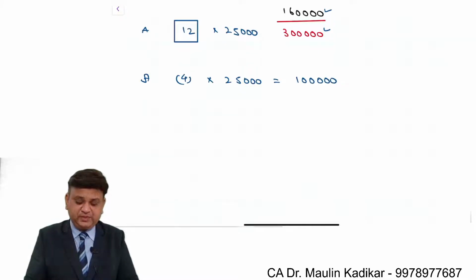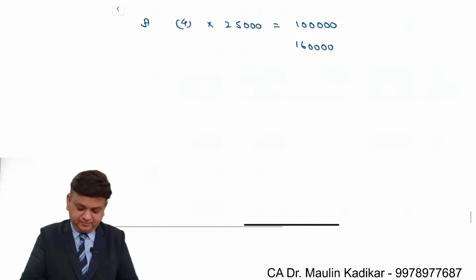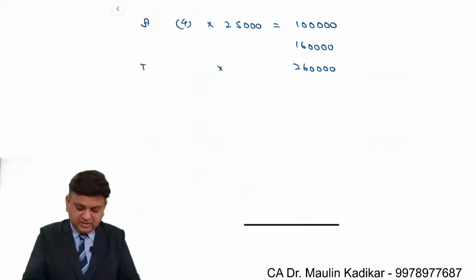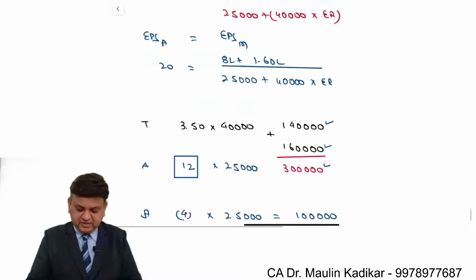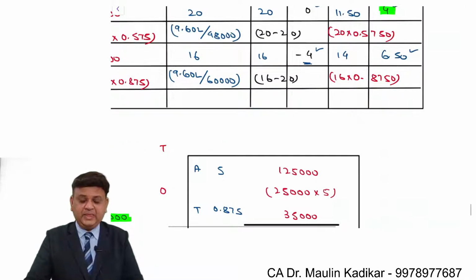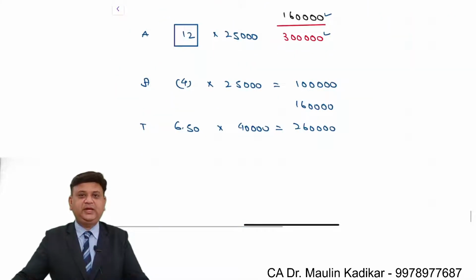So it is an amount of rupees 1 lakh. 1,60,000 is from the market. 2,60,000 is the total increase attributable to T. Number of shares of T are 40,000. So 2,60,000 divided by 40,000 comes to 6 rupees 50 paise per share. This is the increase attributable to T Limited if the exchange ratio is 0.875.